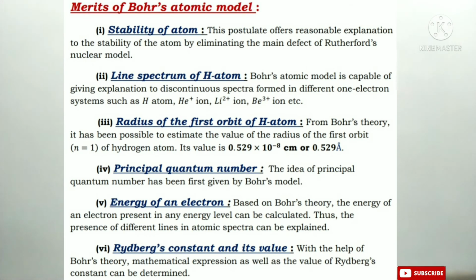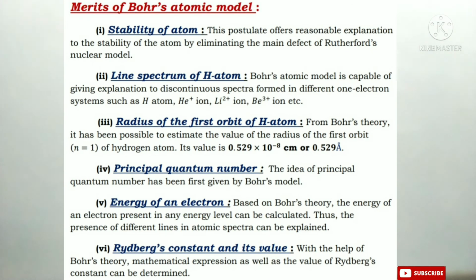The value is 0.529 angstrom, we know. We can find the idea of principal quantum number from Bohr's atomic model. The energy of an electron can be calculated from Bohr's atomic theory. And lastly, the Rydberg constant and its mathematical value can be obtained from the energy expression of Bohr's atomic model.